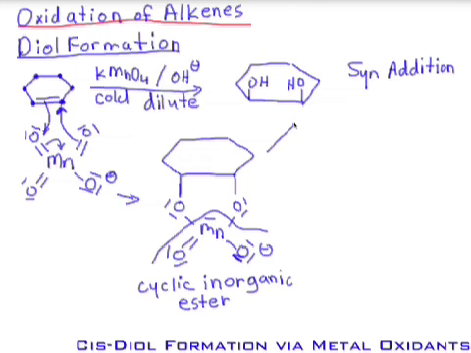And hence we get cis-addition plus a brown precipitate, which is MnO2 solid. So the syn-addition occurs because of the cyclic inorganic ester. Now you should be able to draw the cyclic inorganic ester and explain why we get syn-addition.